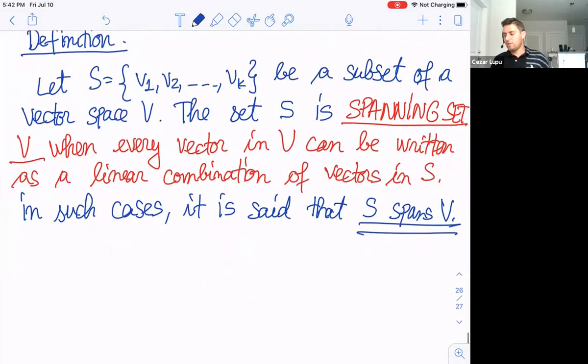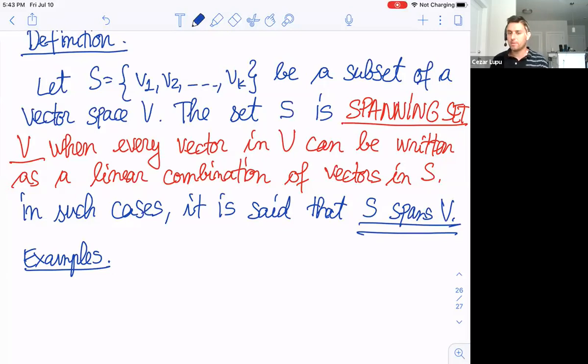I want you to look at the definition a bit. Okay, and now let's see some examples. We want to see examples of sets that will span the entire vector space.